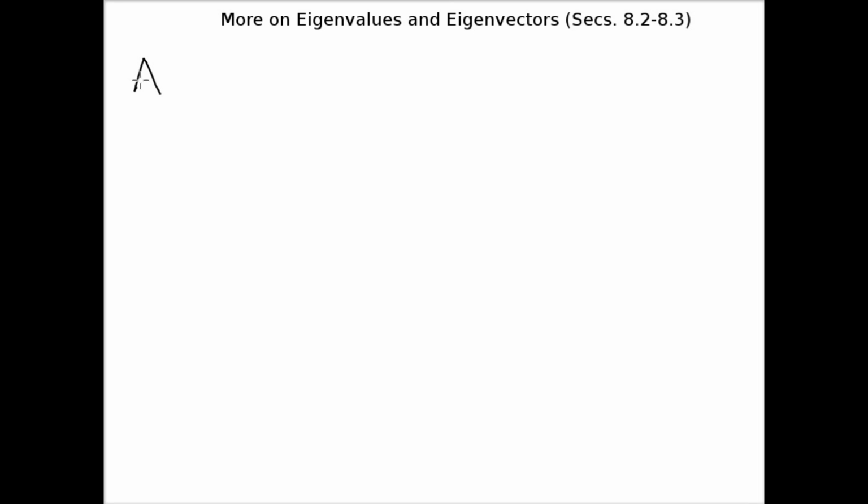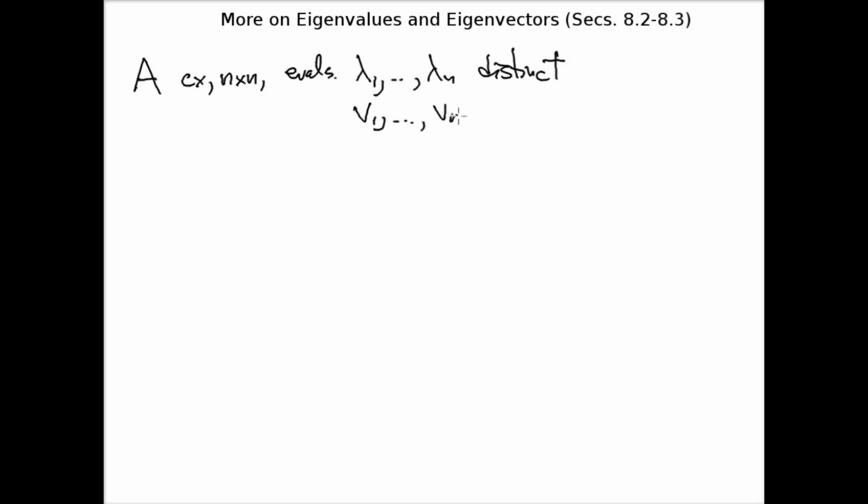Okay, so why am I making such a big deal out of this business about distinct eigenvalues? So let's just do the complex case. Suppose A is complex, n by n, and it has eigenvalues lambda 1 through lambda n, and they're distinct. And the corresponding eigenvectors are v1 through vn.